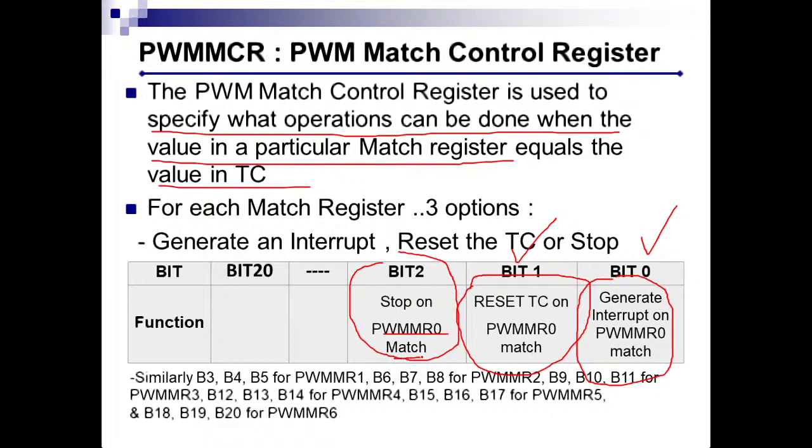So there are 3 different actions which you can take, as we discussed in our earlier slide, depending on the value you store in this control register, right?